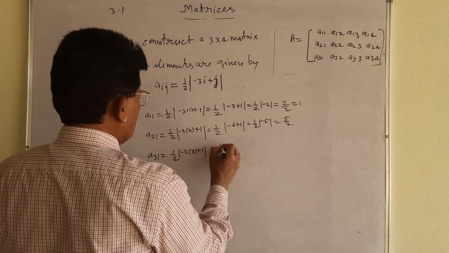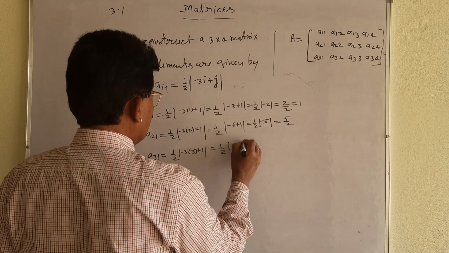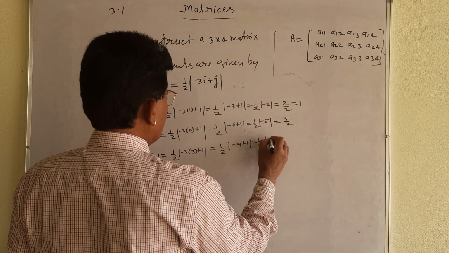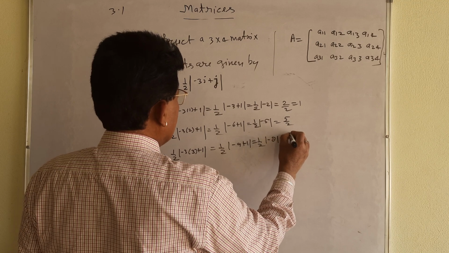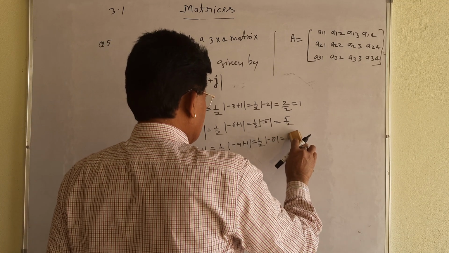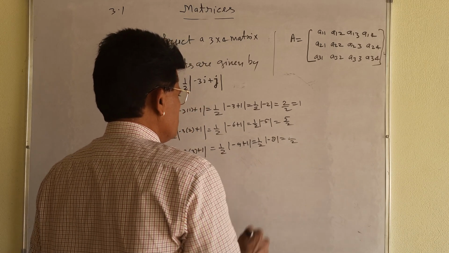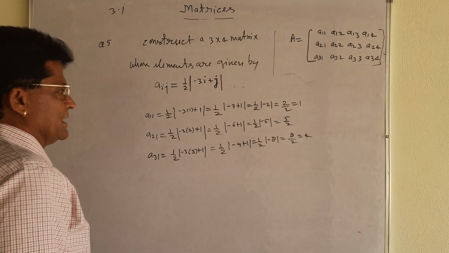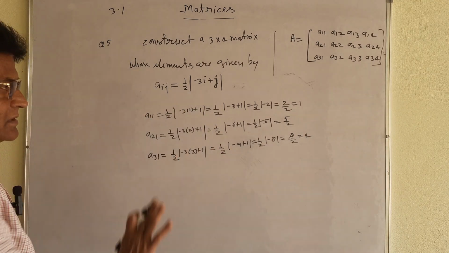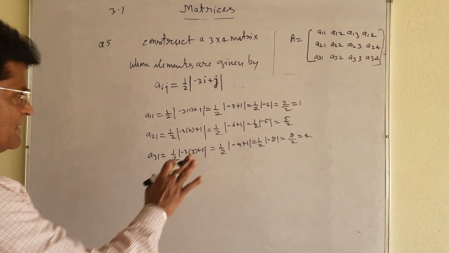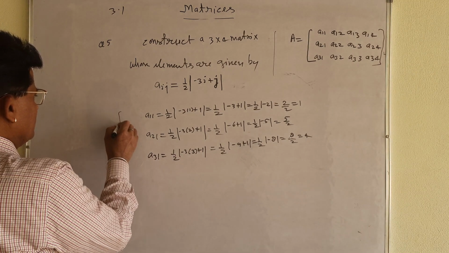It will be equal to 1 by 2, 9 plus 1, and it will be equal to 1 by 2 minus 8, and that is 8 by 2. Okay? Because value will be positive, absolute value is 4. That we got the elements of first column. Similarly, you find out these are the values of first column.